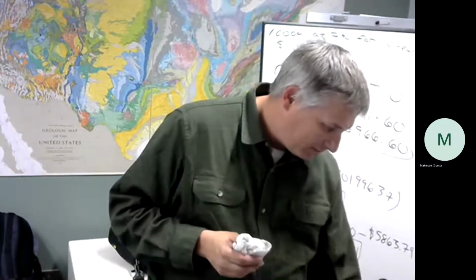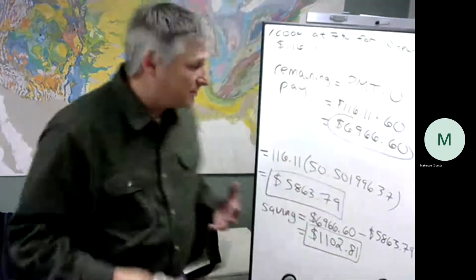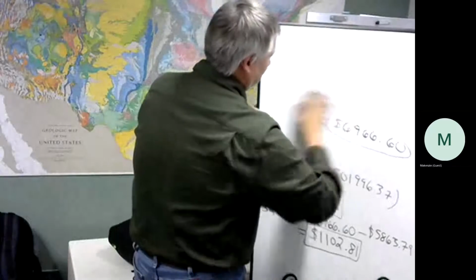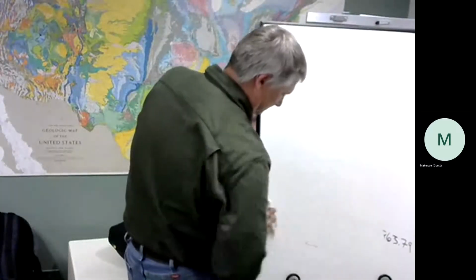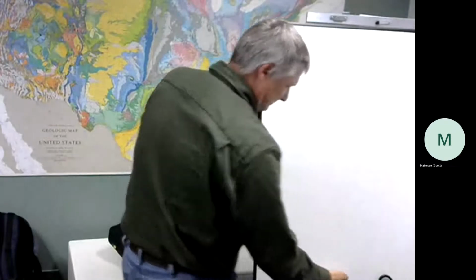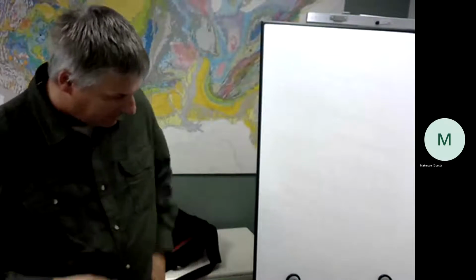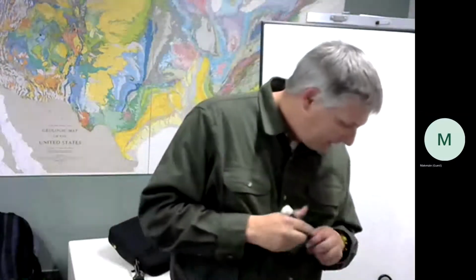We'll go to 11.4, and 11.4 is about stocks and bonds. So one of the questions they'll ask: stocks have what are called dividends. This is how much money a stock makes.